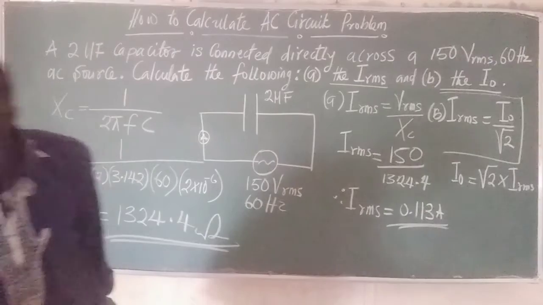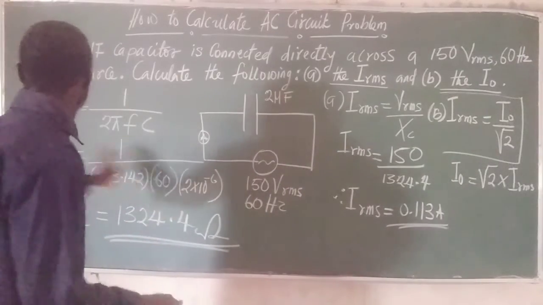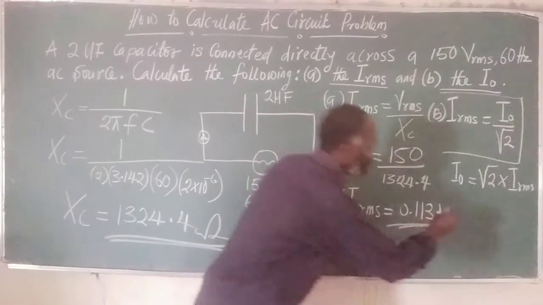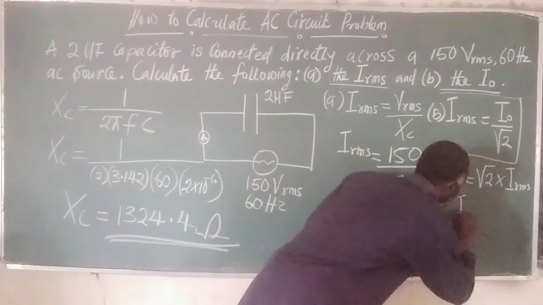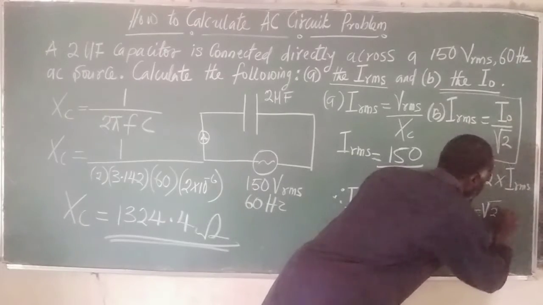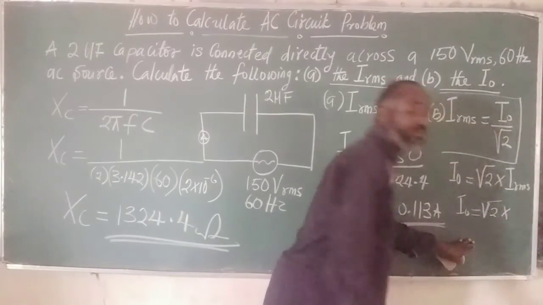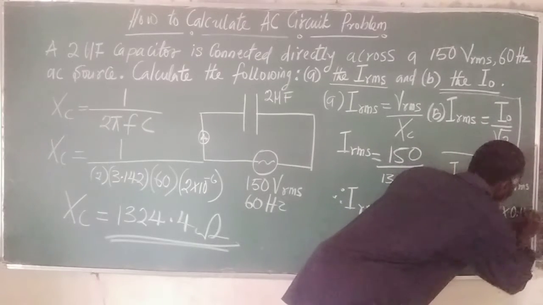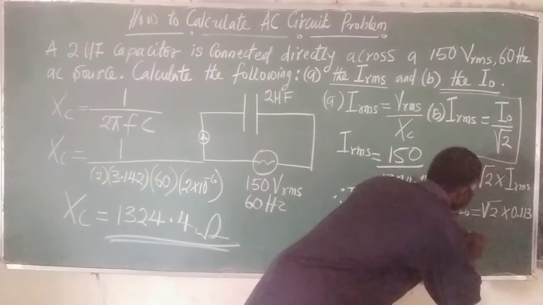So that is what we're going to do, just the same way we have found it here. We found this, we have found that. The same way we substitute again. I naught can be found: root 2 times the value of root mean square current, which is 0.113.